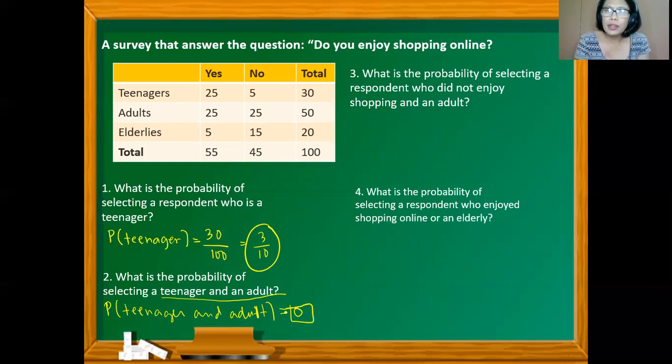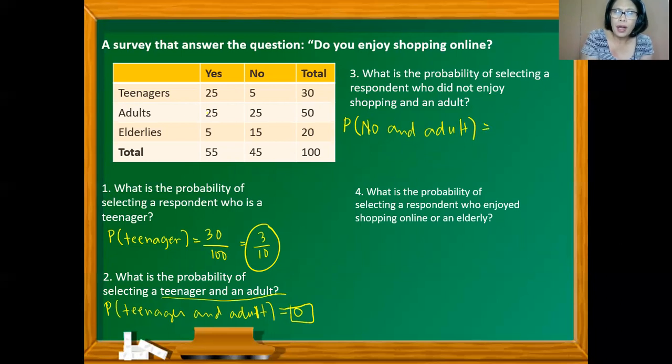What is the probability of selecting a respondent who did not enjoy shopping and an adult? So how many are adults?